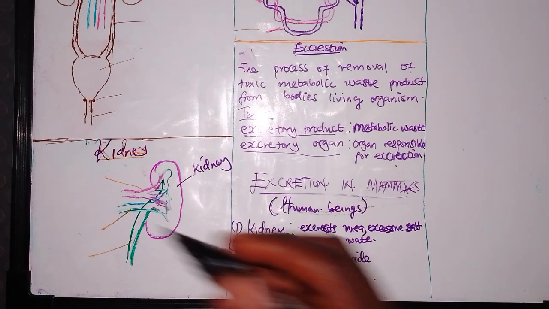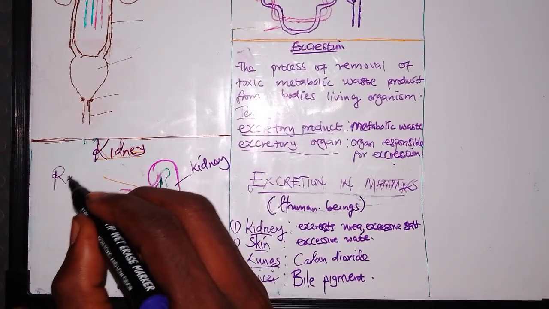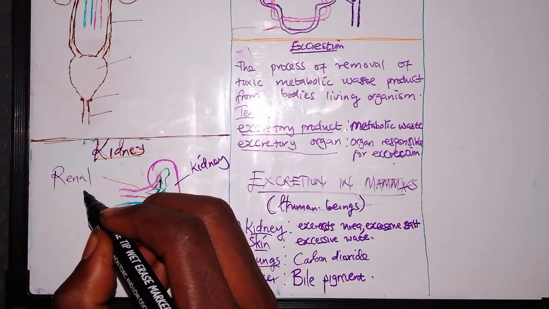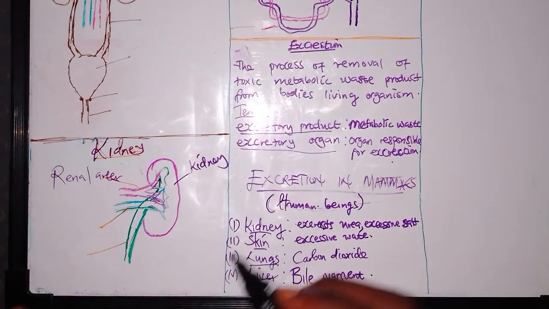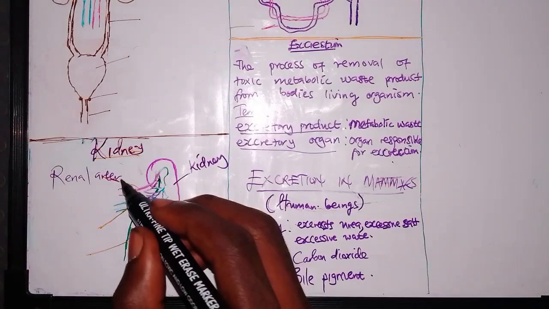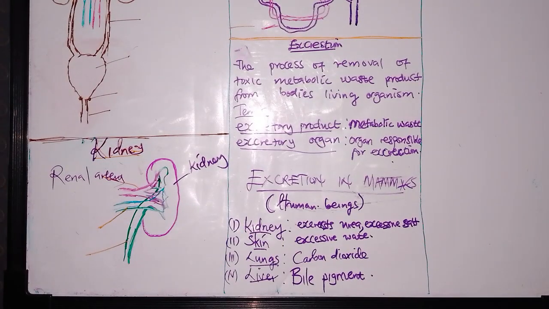The renal artery. So the first one is the renal artery. Its function is basically to bring oxygenated blood from the aorta to the kidney.